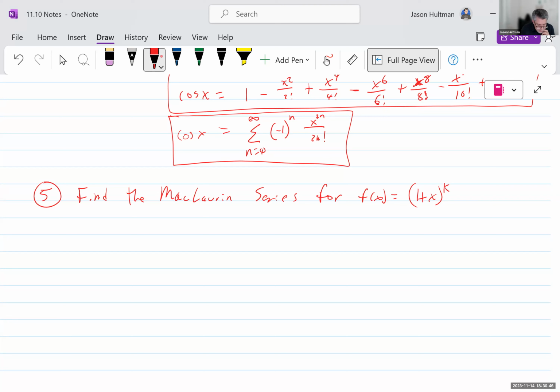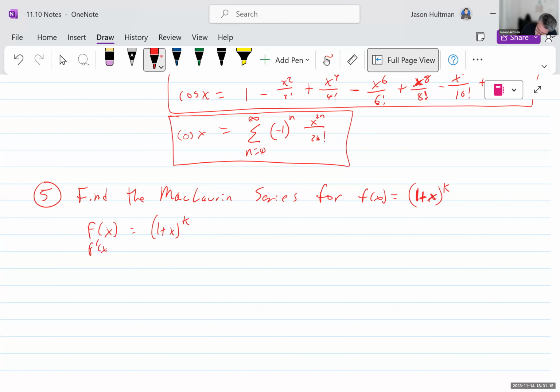Okay, f of x equals 1 plus x to the k power. And we can approximate this guy with a power series. Okay, so let's see how that works. If I have f of x, that's 1 plus x to the kth power.